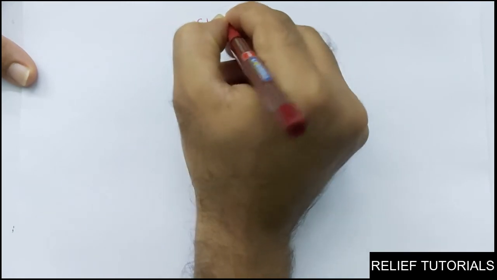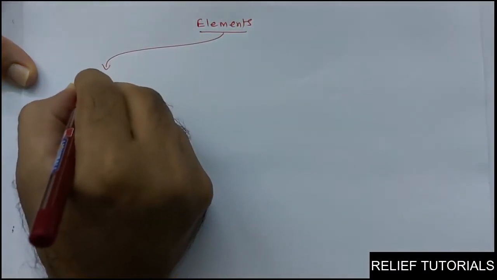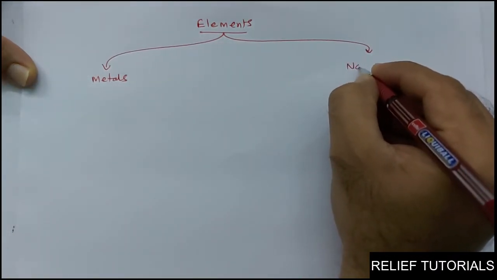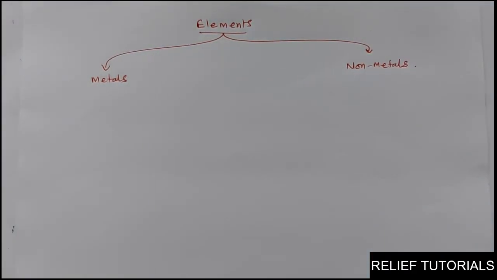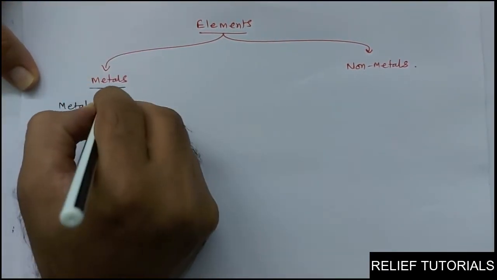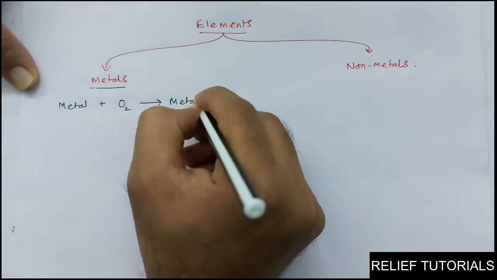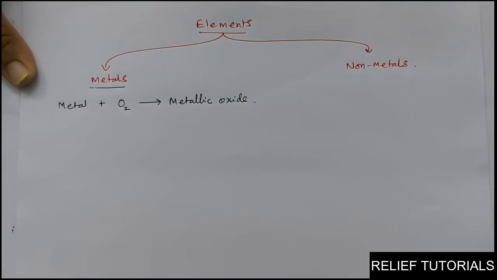We know that there are two types of elements: metals and non-metals. When metal reacts with oxygen, it forms metallic oxide.